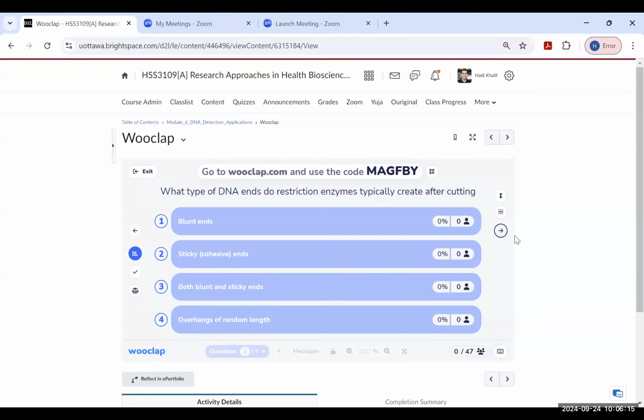What type of DNA ends do restriction enzymes typically create after cutting? Sticky and blunt, blunt and sticky, only blunt, overhangs with random lengths.